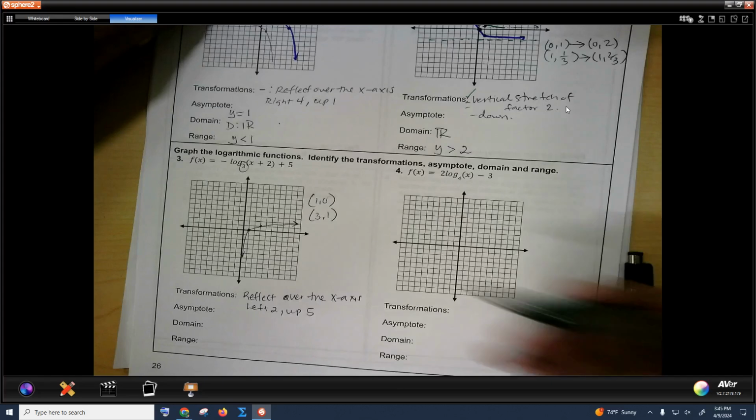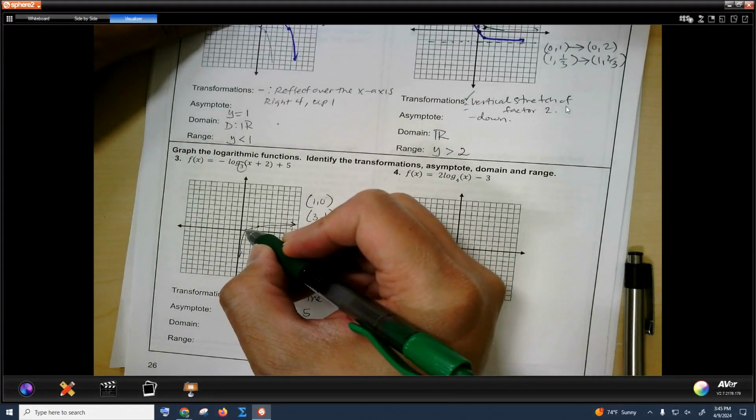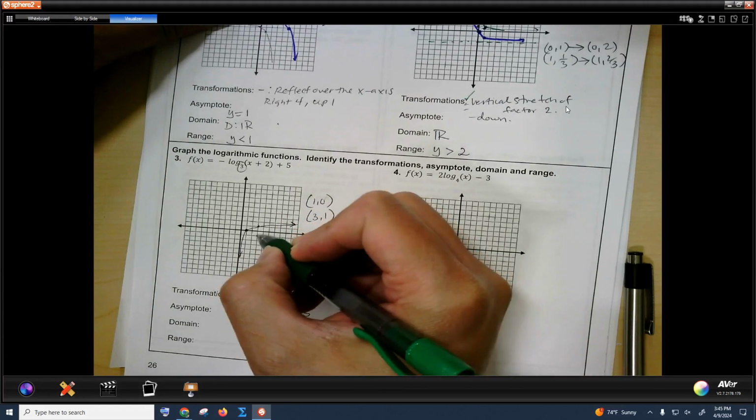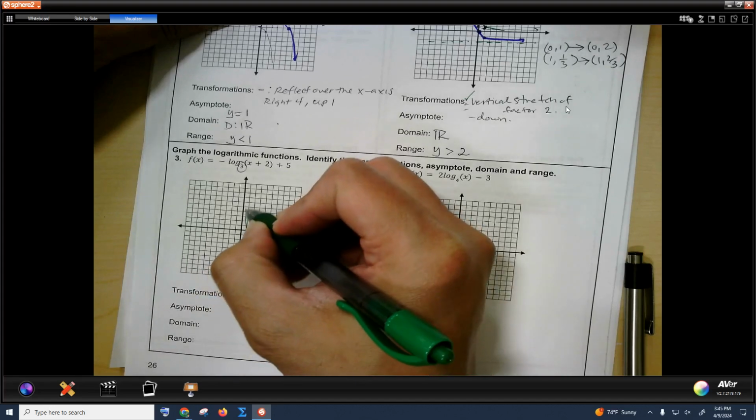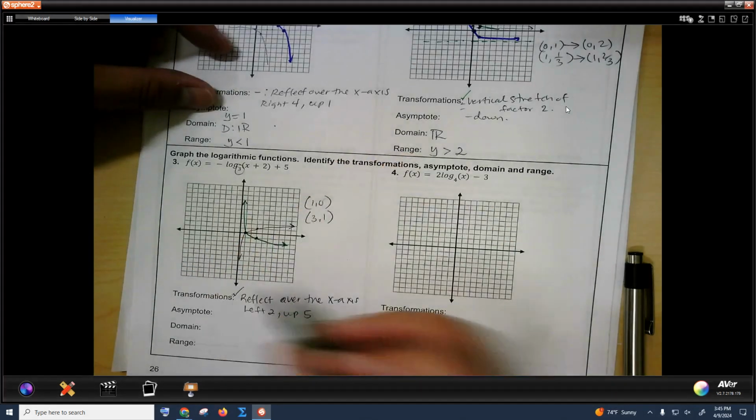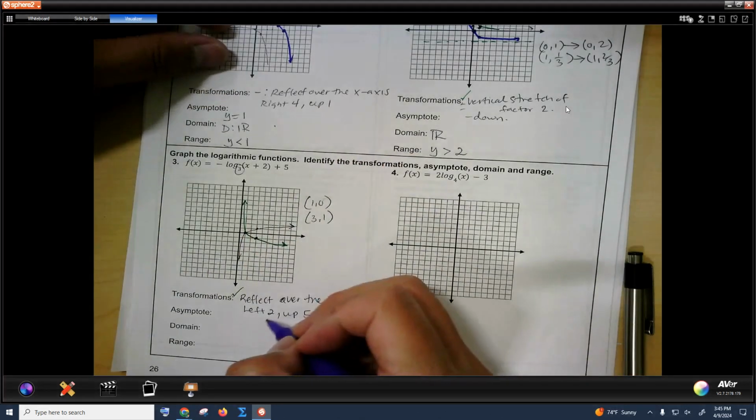So let's flip it over. This is on the axis of the x-axis, so it stays, but this one flips here. The whole curve flips over. So that's the first transformation, and now we're just going to move it left 2, up 5.